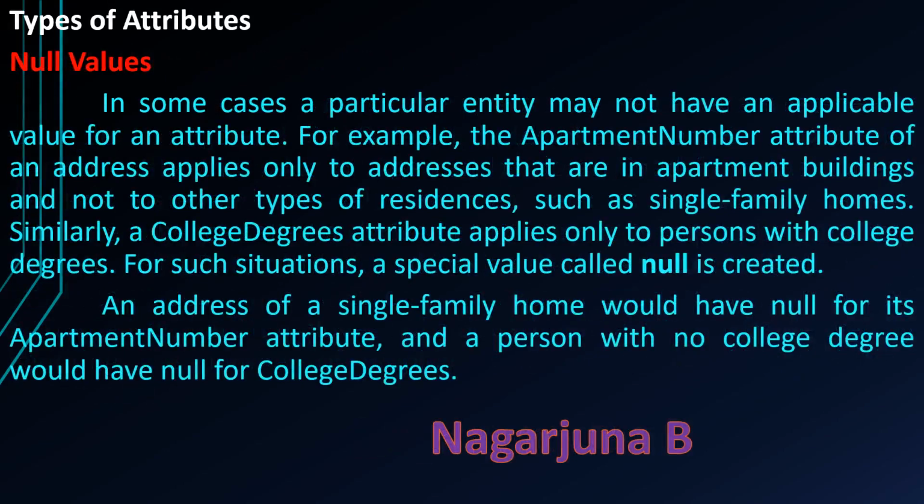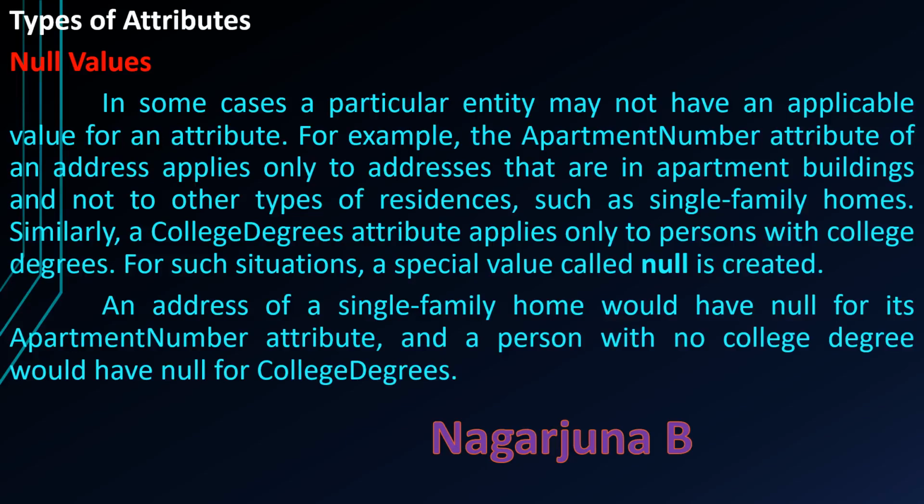Null values. In some cases, a particular entity may not have an applicable value for an attribute. For example, the apartment number attribute of an address applies only to addresses that are in apartment buildings and not to other types of buildings such as single residence buildings. Similarly, a college degree attribute applies only to a person with a college degree.